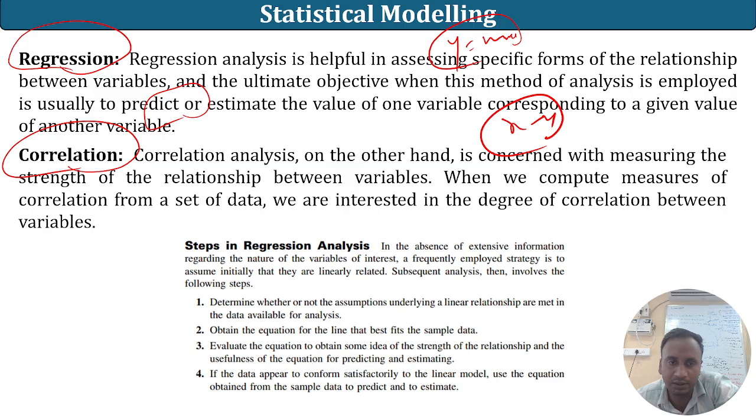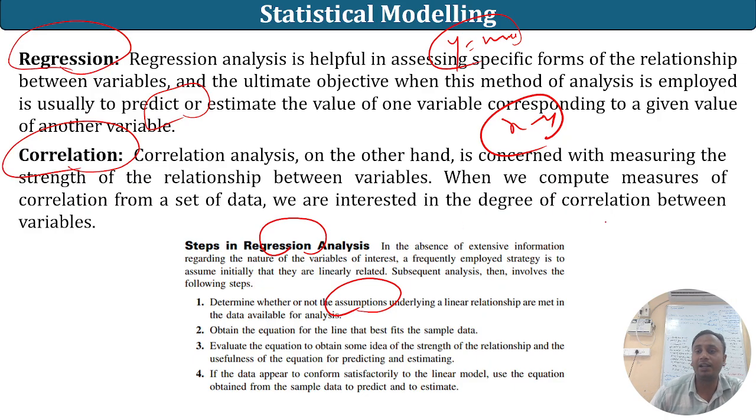So in the steps of regression analysis, whenever we deal with these problems, we have to check some assumptions: whether the data is going to be normal, whether homoscedasticity holds or not.